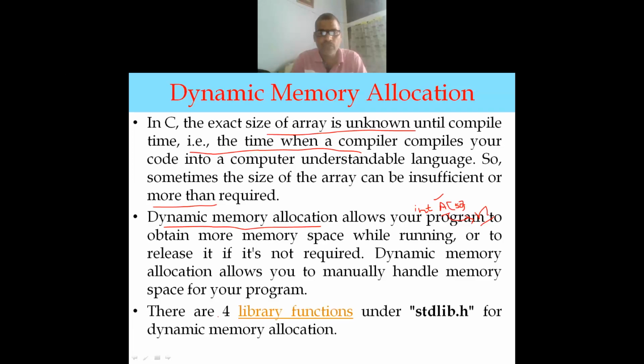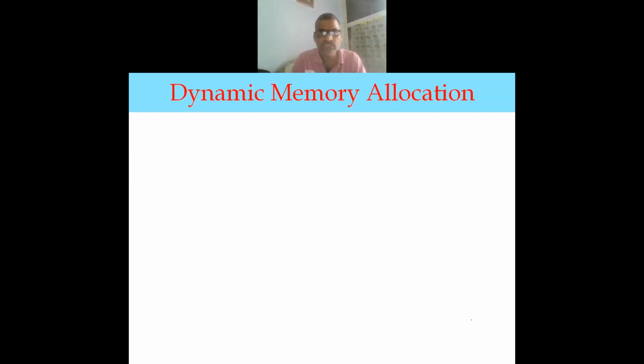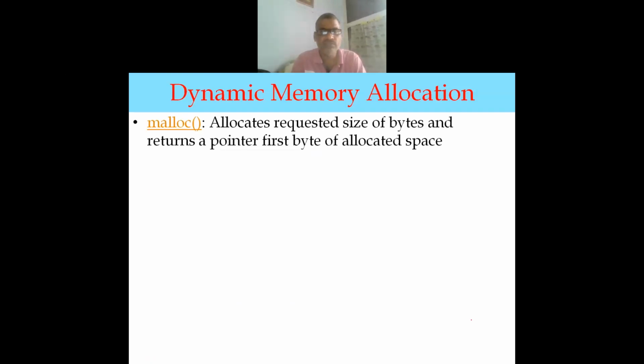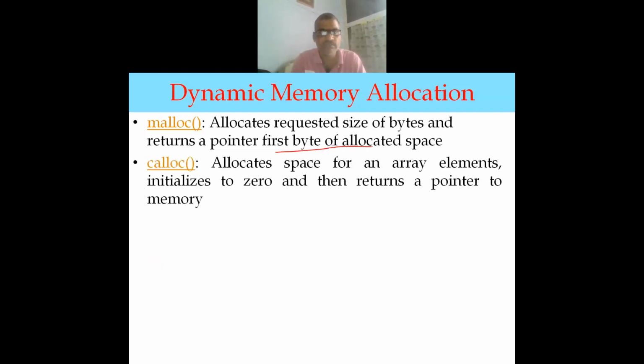In order to allocate memory at runtime, certain dynamic memory allocation library functions are provided in the stdlib.h header file. Let us discuss those functions now. The first function is malloc, which allocates the requested size of bytes and returns a pointer pointing to the first byte of the allocated space.